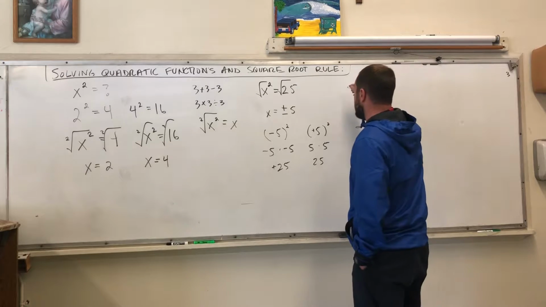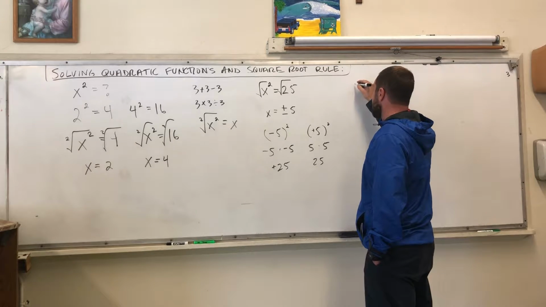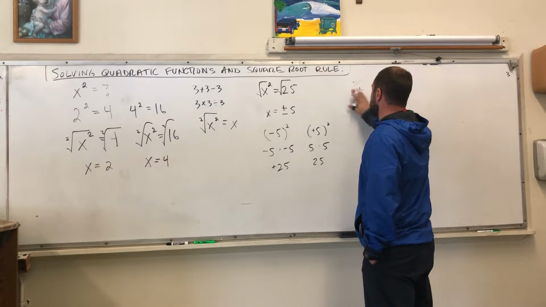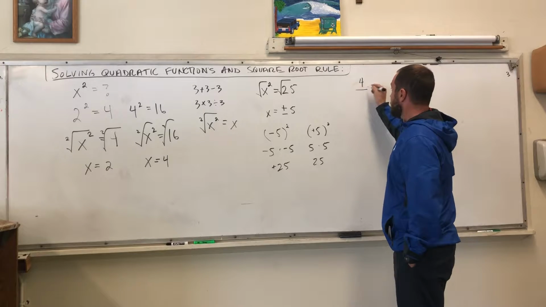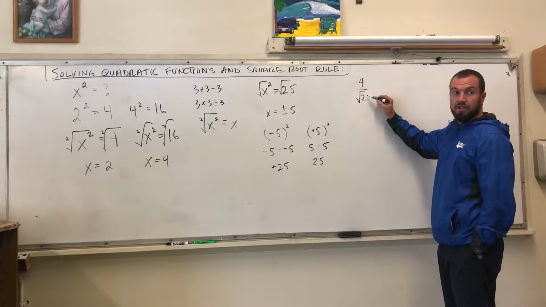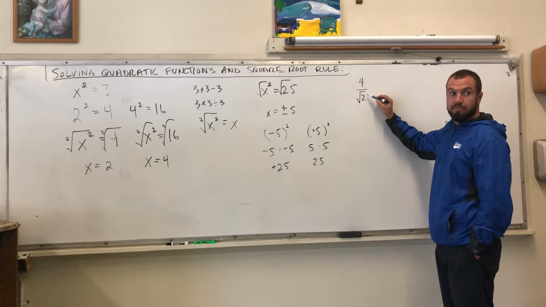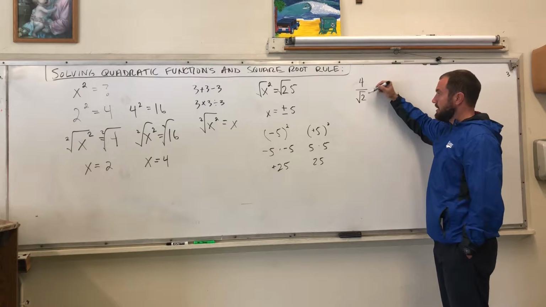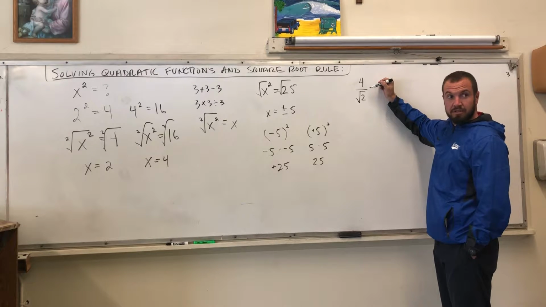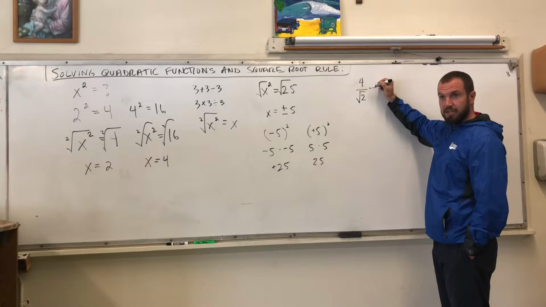Now let's say you end up getting a result of 4 over square root of 2, because you'll see this where you end up with a square root on the bottom. Just as a fundamental, you can't leave a square root on the bottom because technically it's an irrational number. It's something that we consider to be never-ending, non-terminating, non-repeating, almost like it's not a real number.